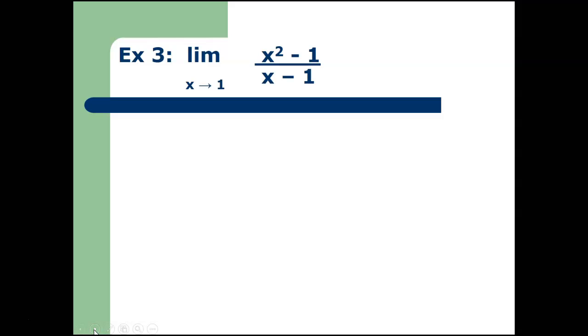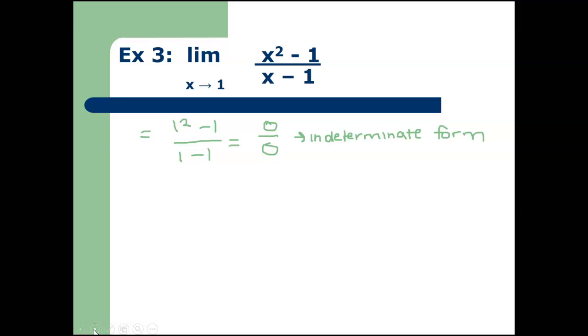Now, in example 3, if the first thing you do is substitute, you get 1 squared minus 1 over 1 minus 1, which gives you 0 over 0. Again, this is called the indeterminate form. The indeterminate form tells me that I can simplify further.